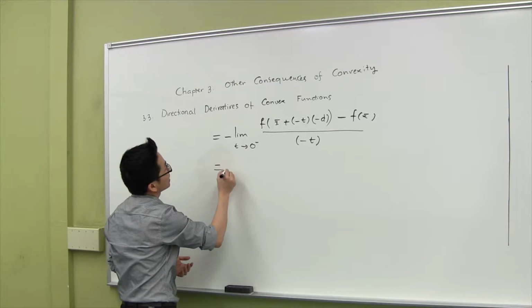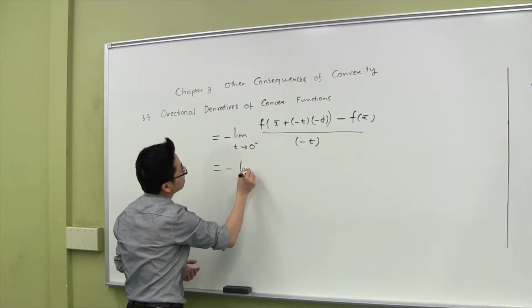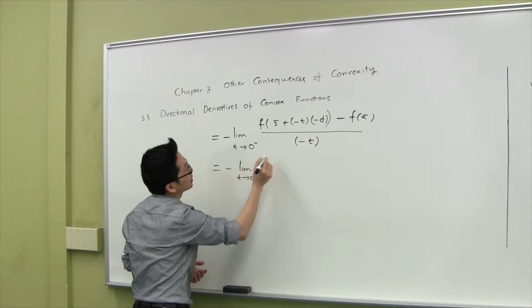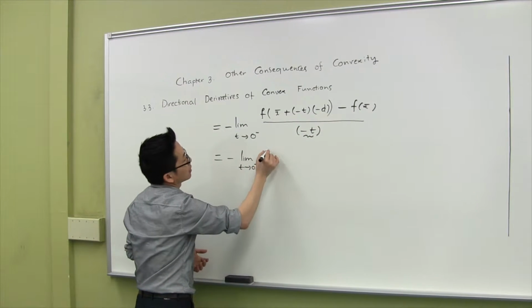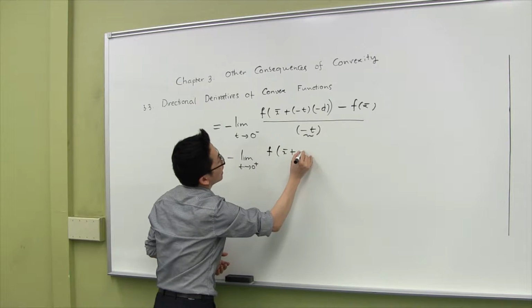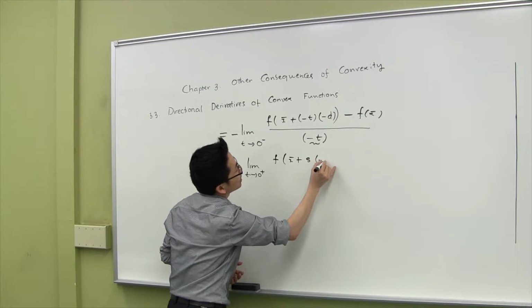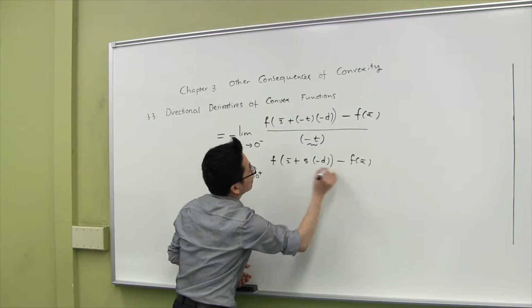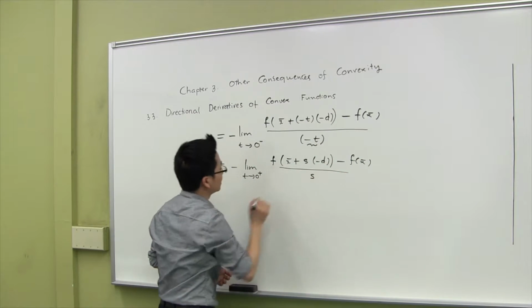So this is the same as minus the limit as t approaches 0 from the right of f of x bar plus s times minus d minus f of x bar over s.